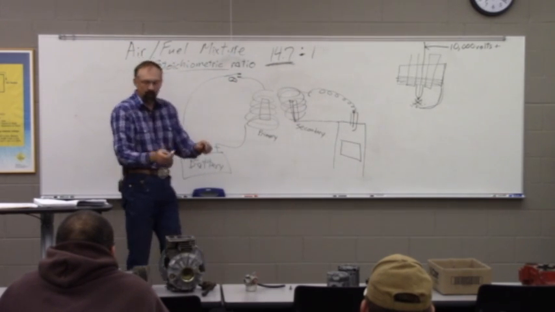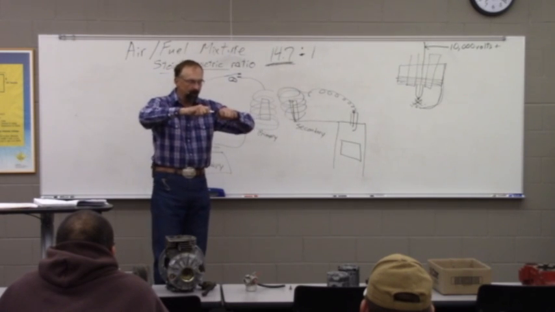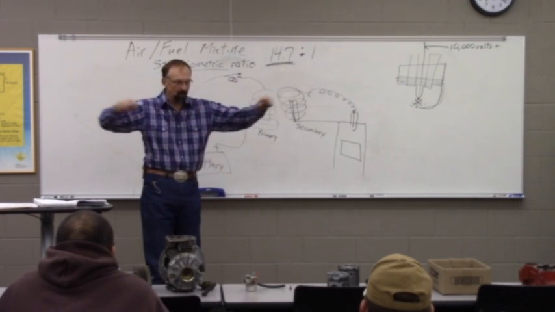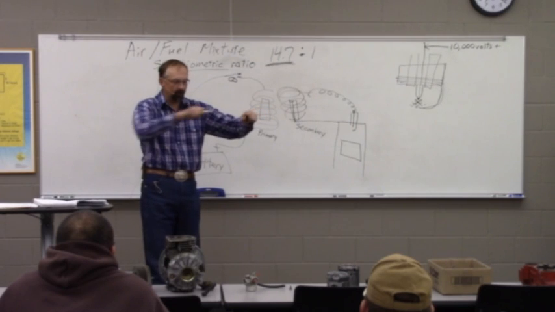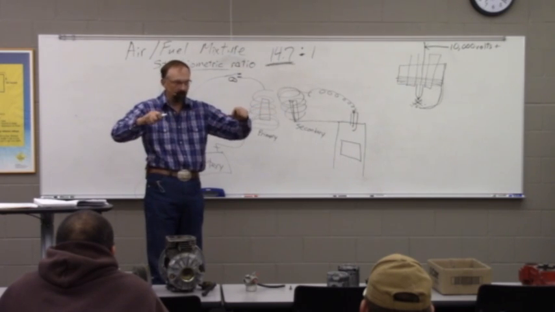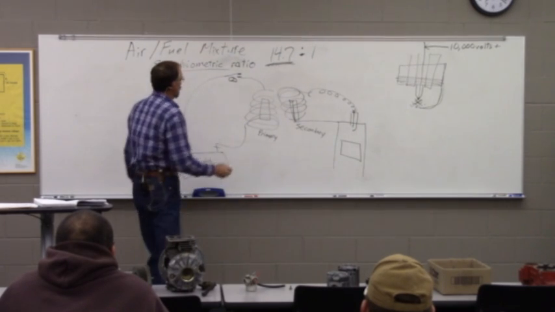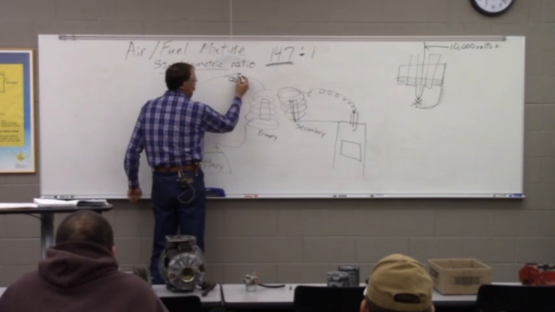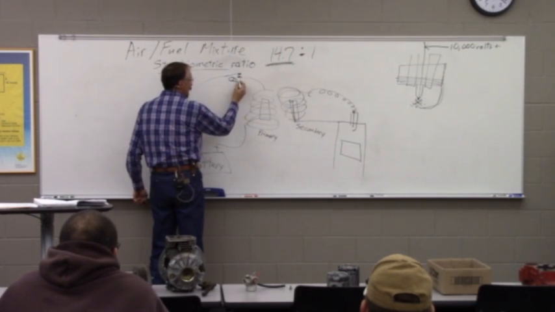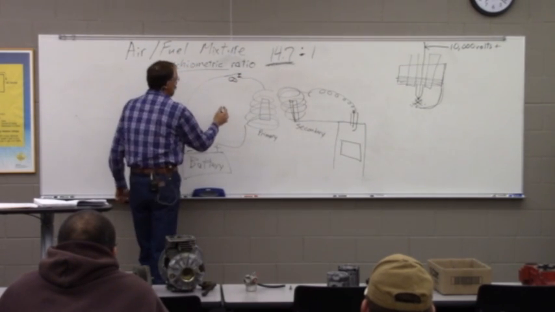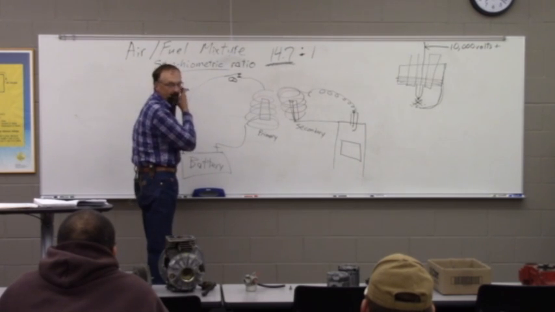Anytime you've taken two wires and held them together, when you pull them apart, that electricity tries to keep flowing for a while, and you get an arc there, don't you? You've got a spark, and that spark jumping across these as they open would burn and pit these contacts and wreck those points. So you may have heard of a device called a condenser.